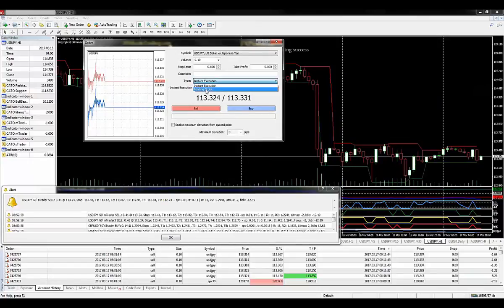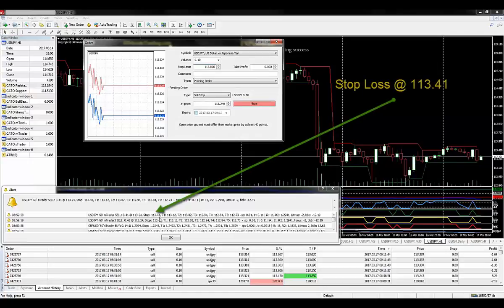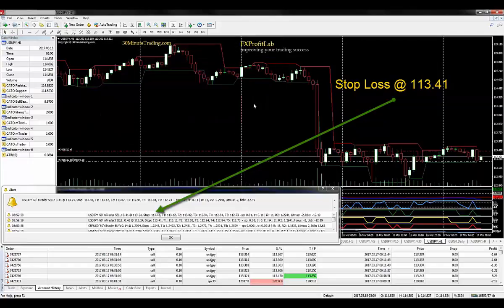You say it's a pending order, it's a sell stop, and the price we've got for the sell stop is 113.24, and we want to put the stop loss at 113.41. Okay, so this would be how you'd place that trade there.